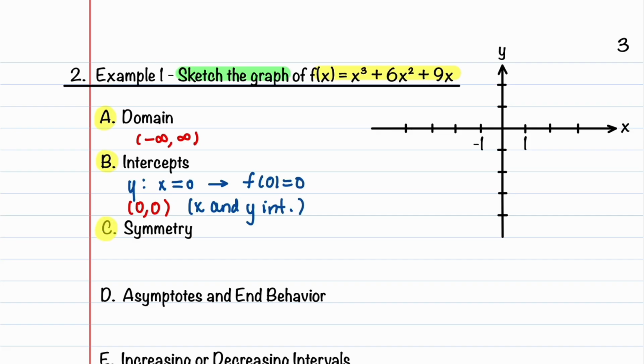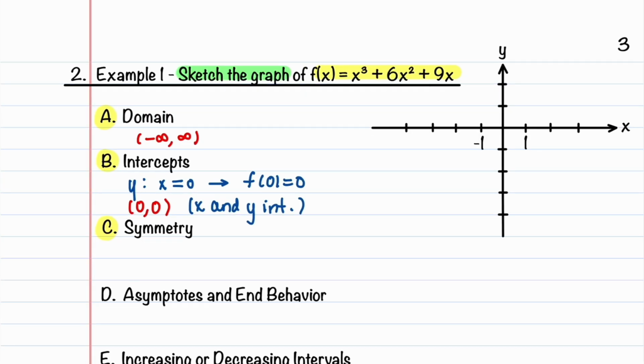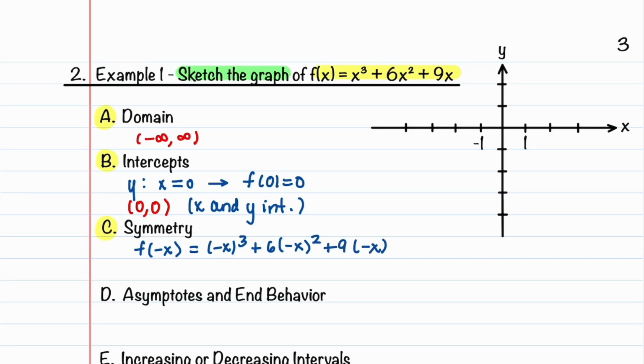Let's now look at the symmetry. To find the symmetry, we're going to calculate f of minus x. So wherever we have an x in our function, we're going to plug in minus x. This gives us minus x cubed plus 6 times minus x squared plus 9 times minus x.